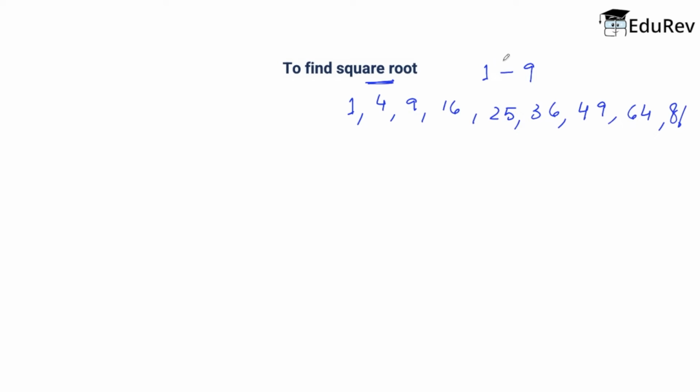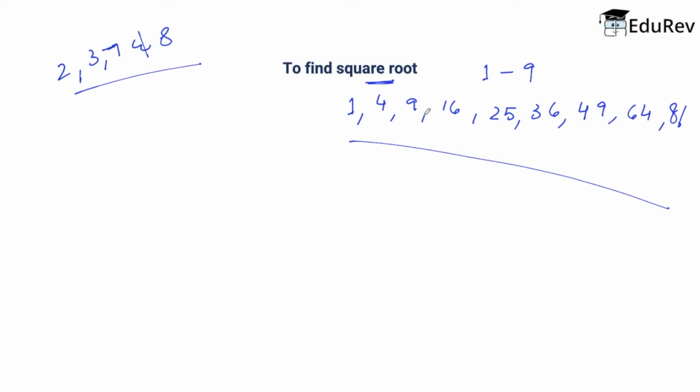Now, a square of a number cannot end with 2, 3, 7 and 8. As you can see here as well, the squares of all the numbers between 1 and 9 do not end with 2, 3, 7 and 8. So keep this also in your mind.